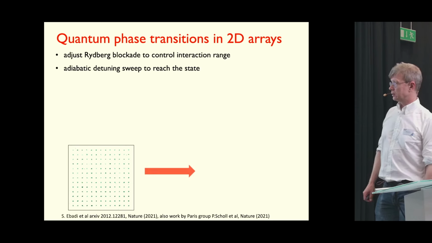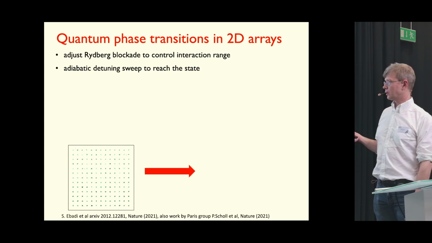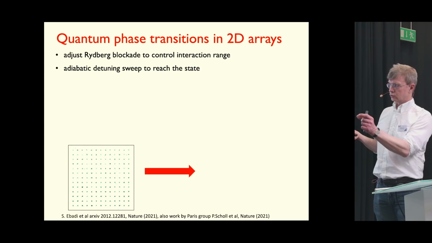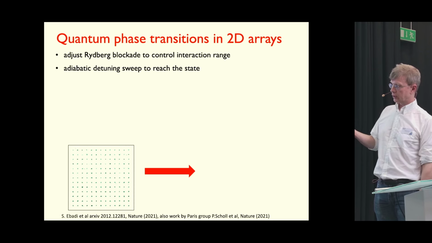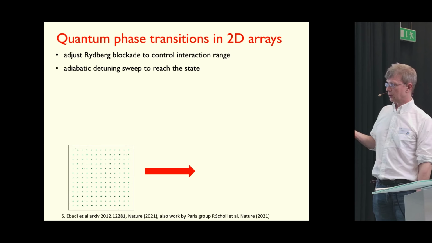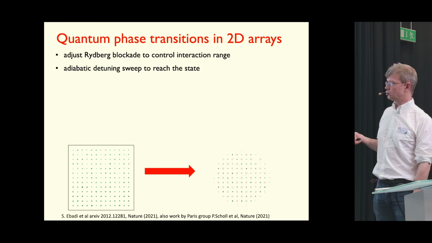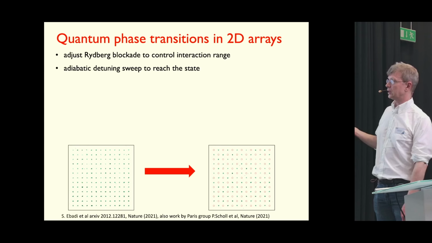One type of experiment is an analog experiment, where you position the atoms in a certain way relative to the Rydberg blockade, and then start with negative detuning, where the ground state should be, atoms should be in a lower state, and then you change the detuning to, for example, in this case, create this ferromagnetic state.